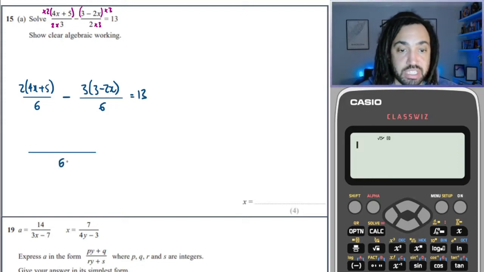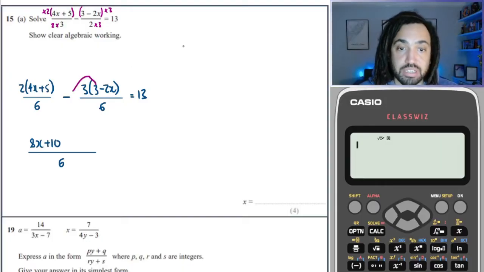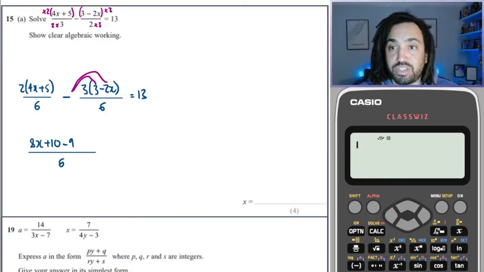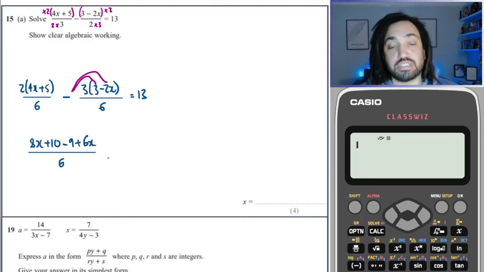Okay, I'll put it all over 6, and I'll expand out the numerator. So 8x plus 10, and then, be careful, minus 3 times 3 is minus 9, and then be super careful for the last one, because most people forget it's a double negative, so that becomes plus 3 times 2x, which is 6x.